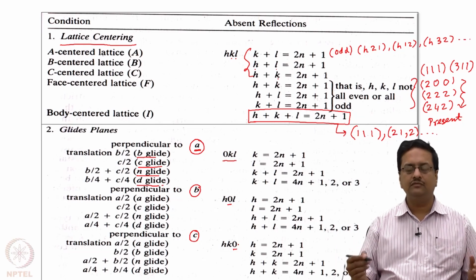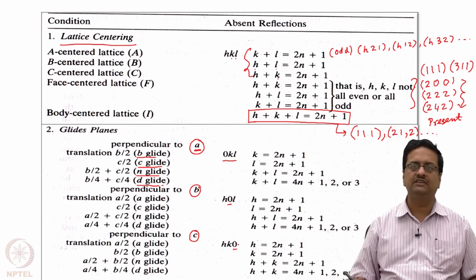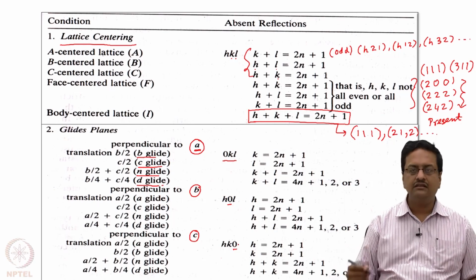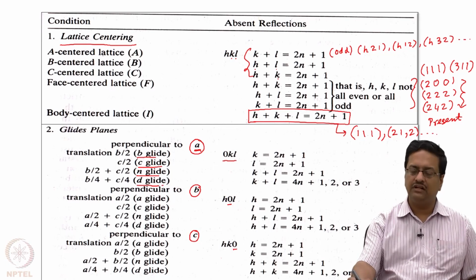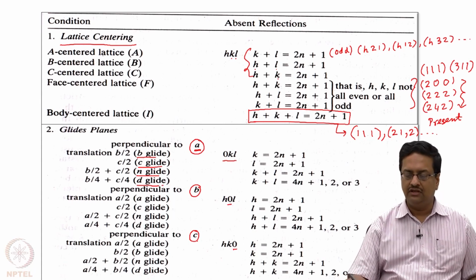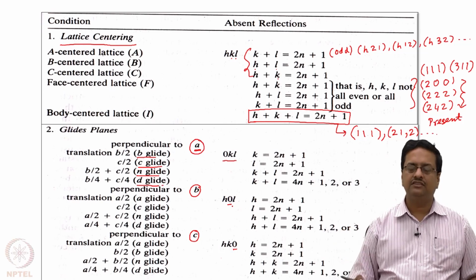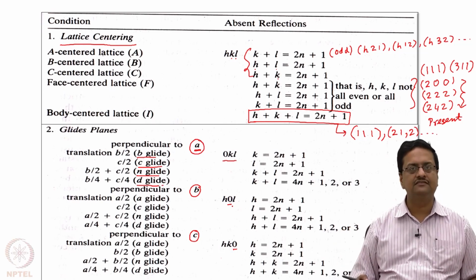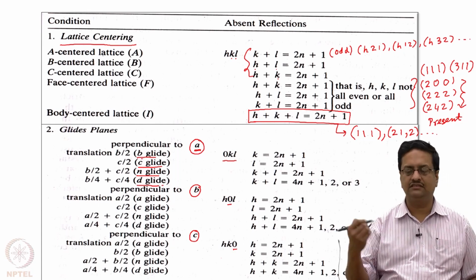At the moment you may need to memorize this, because we have not understood how these systematic absence conditions can be derived, but the easier way to remember is this: when a plane is perpendicular to A, the H index is 0; perpendicular to B, the K index is 0; perpendicular to C, the L index is 0. This set of reflections suffers systematic absences under certain conditions.